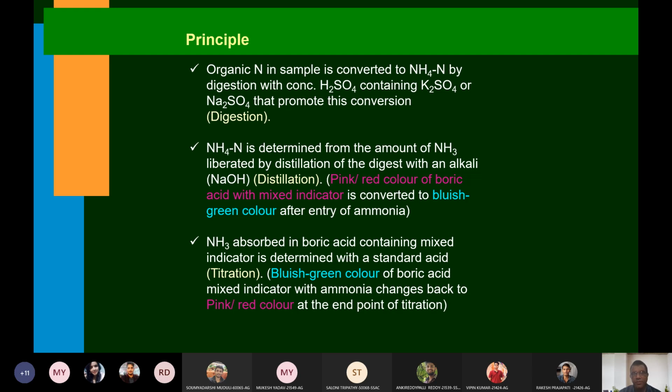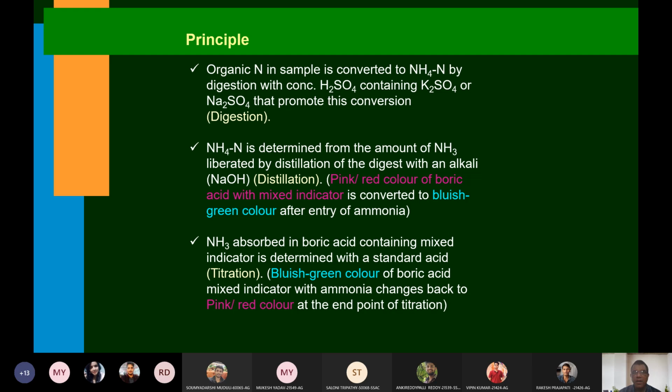Now it is interesting, you will see what the reagents are and how we do it in the subsequent slides. But here the interesting thing is that boric acid solution is used to absorb the ammonia, and it contains a mixed indicator. This mixed indicator gives a color between pinkish and red in the boric acid.